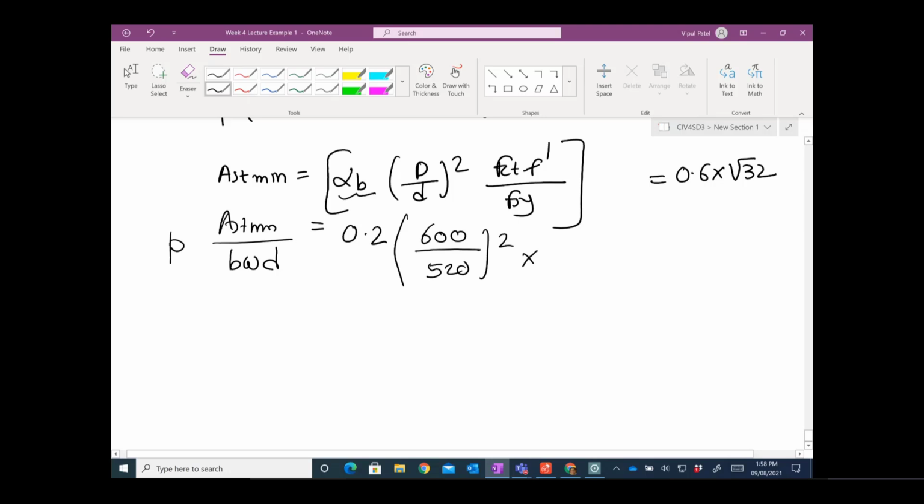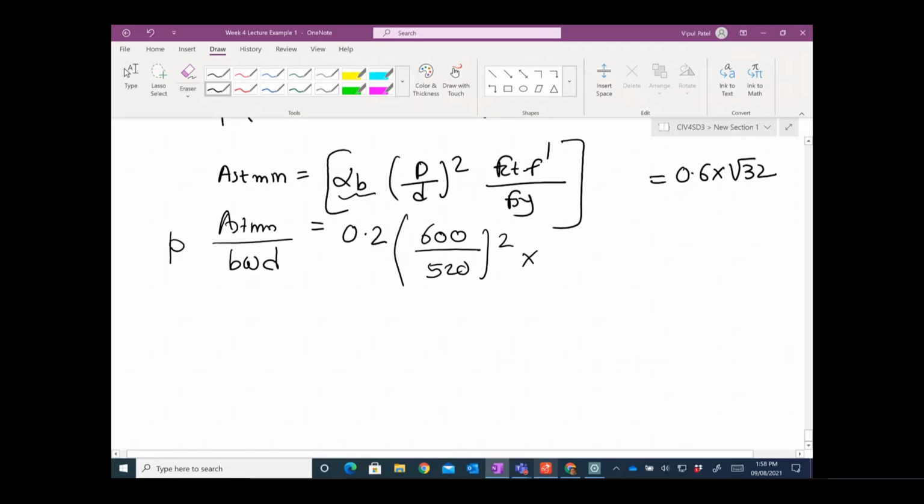Where is it given? If you go to clause 3.1.13, you will find these fct.f values. Probably we will not finish these examples. As I mentioned in the workshop, I will take you through the remaining examples. So 3.39 megapascals over 500. Basically that is your minimum reinforcement ratio, and you get 0.00181.